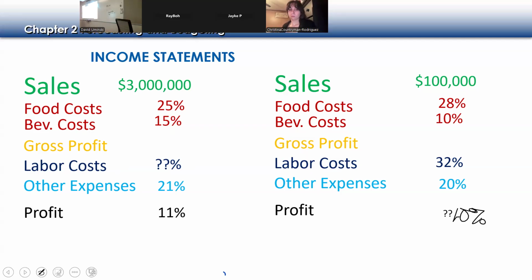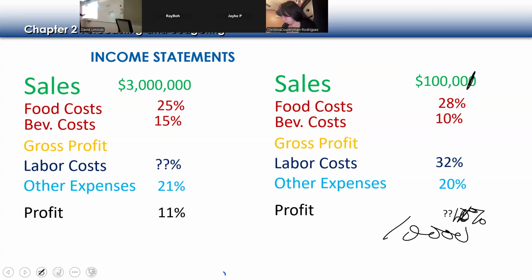Okay? And what's 10% of $100,000? $10,000. Remember, we have that one zero, so cross off a zero. We've got $10,000. So I bring in $100,000, but I'm only taking home $10,000 for my profit.